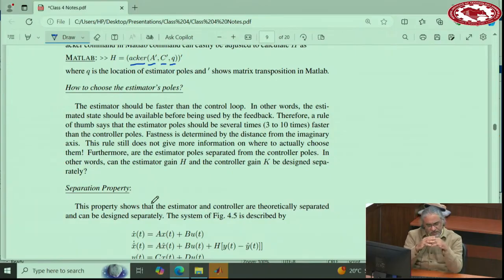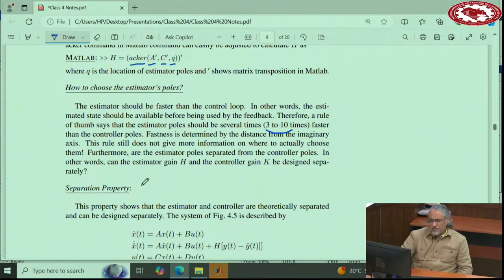For that reason, it makes perfect sense to require that the state estimator be faster than the controller, because it should estimate and then give to the other one. How much faster? 2 times, 3 times, 4 times. A typical rule of thumb is 3 to 10 times faster. Okay.